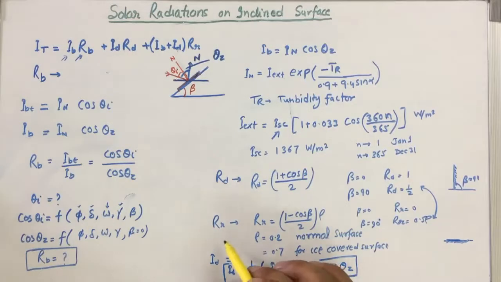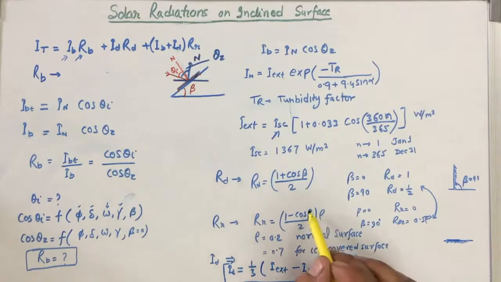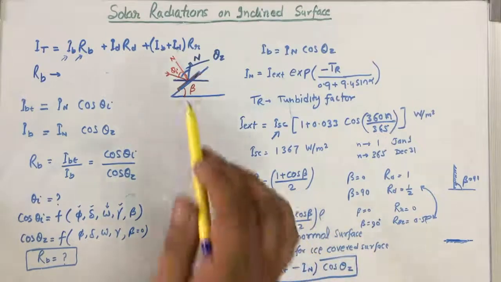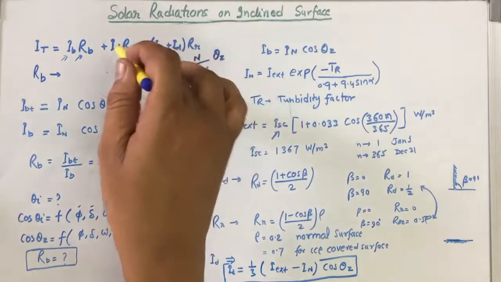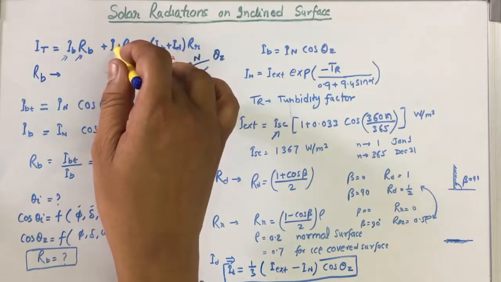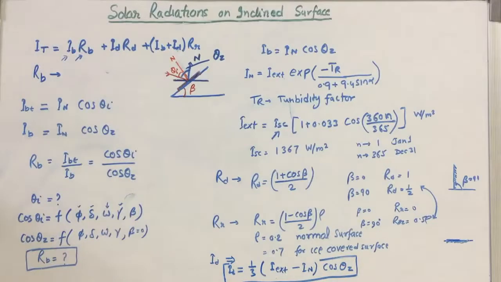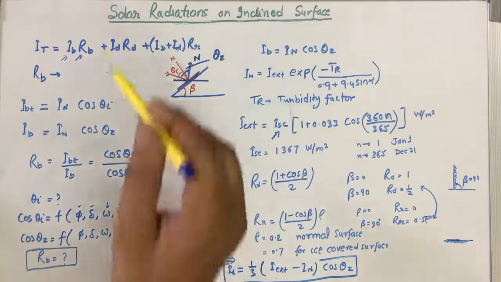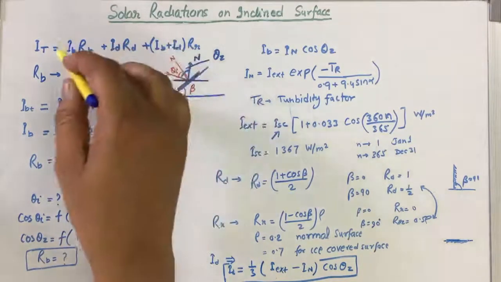And RB, the reflected coefficient, is given here like this. If we know inclination, we can find this, and this term is just the diffused and beam radiations. So in this way we are able to find all of them.